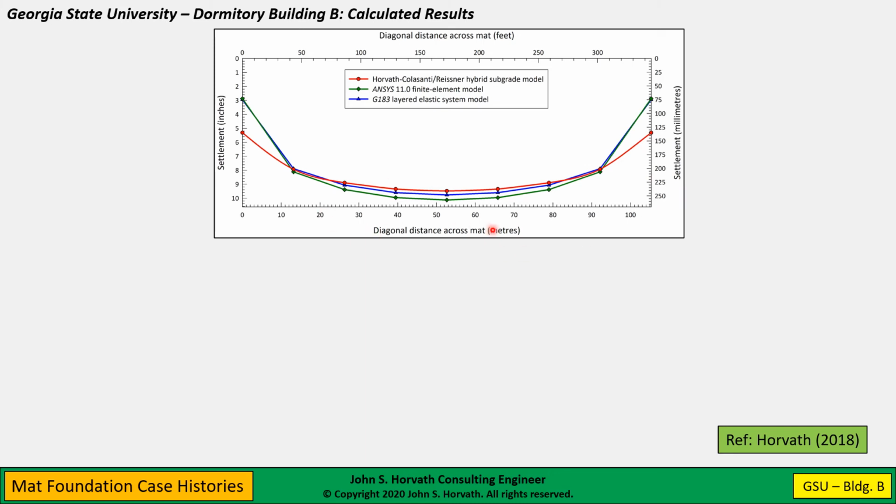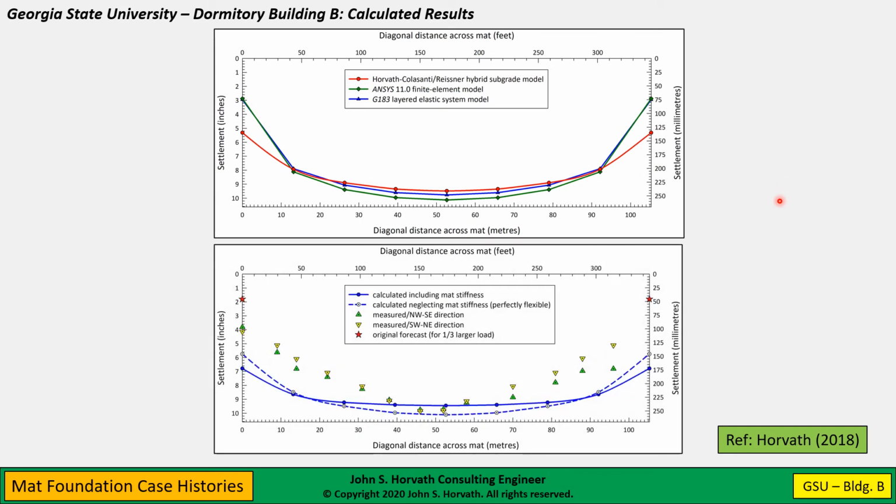So that's why we did our analysis plots in diagonals across the mat, which is kind of not standard. The hybrid subgrade model did not do too well with the corner settlements, but we knew that going in. That's a result of some of the approximations of the boundary condition springs that we used.